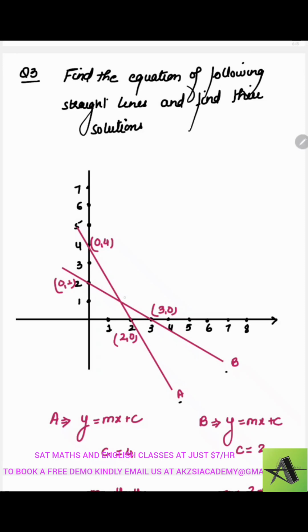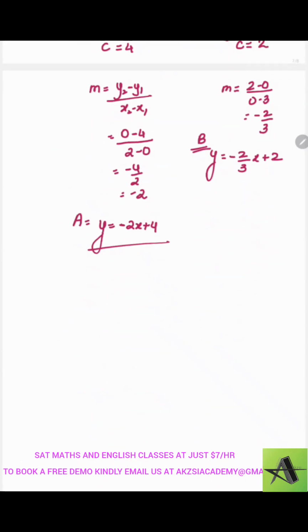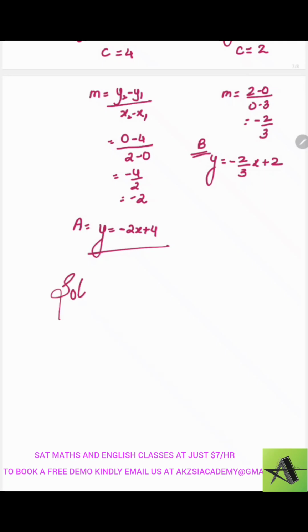They are intersecting at this point, and this point is clearly y is 1 here and x is at the mid of it. That means this coordinate is (1.5, 1). So I can say the solution for this graph is x is equal to 1.5 and y is equal to 1.